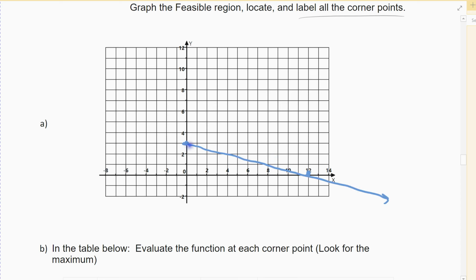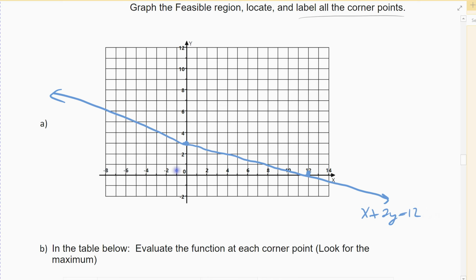So my line, again, hopefully you guys draw yours a little straighter. So this is my x plus 4y equals 12 line.